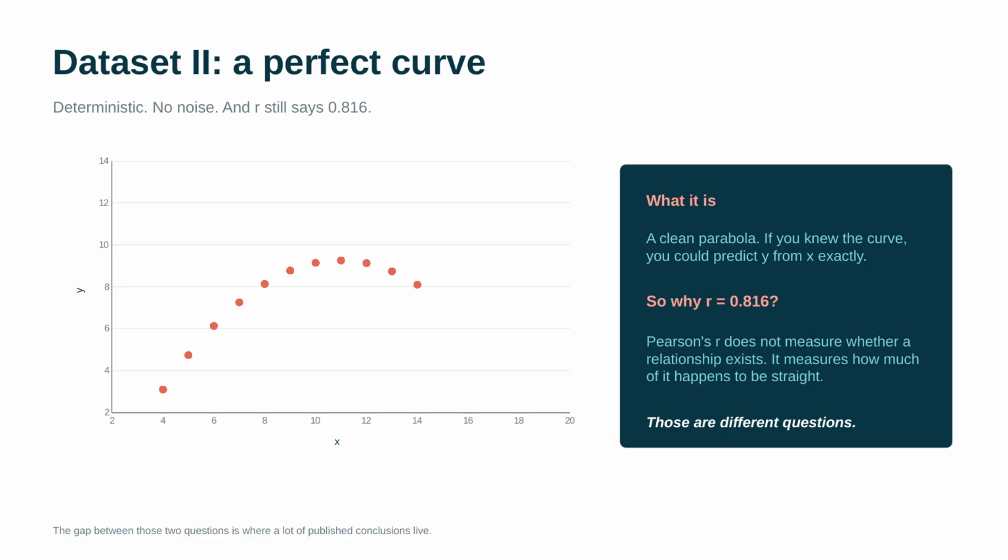If you knew the curve you could predict Y from X exactly. And yet Pearson's R reports 0.816, because Pearson's R only measures linear association. It does not measure whether a relationship exists. It measures how much of the relationship happens to be straight. That is a different question, and the gap between those 2 questions is where a lot of published conclusions live.